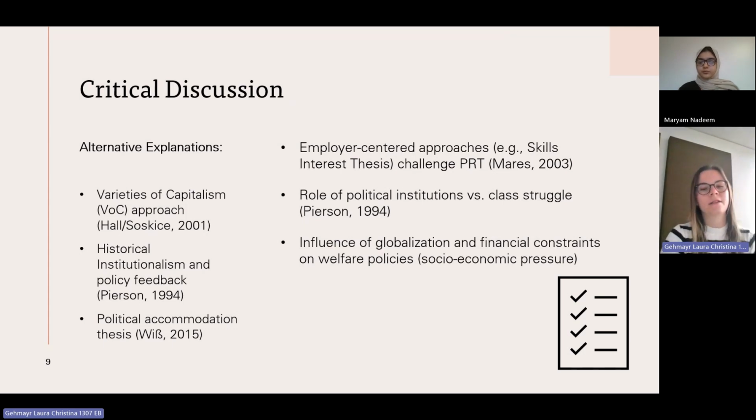A second one is political institutionalism versus class struggle. So institutions, let's take the US, such as the Constitution, the Electoral College, and the Supreme Court, shape policies beyond labor-capital struggles. And in many cases, they stick to established paths according to path-dependency theory, rather than giving in to political shifts.